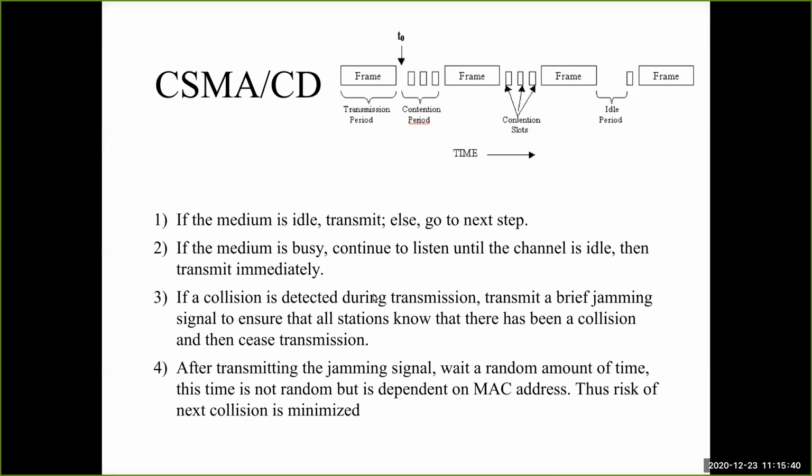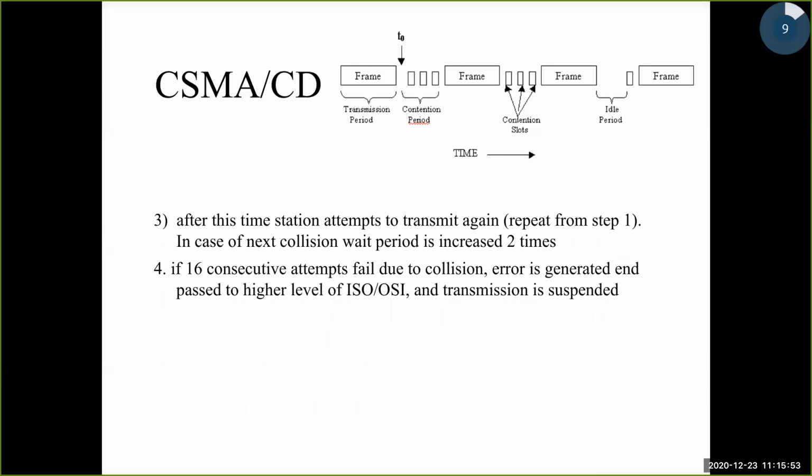After transmitting the jamming signal, every node waits for a random amount of time. This time is not totally random because it depends on the MAC address value. So we can expect that after this time, there will be no collision because every node will retry transmission in a different period of time.